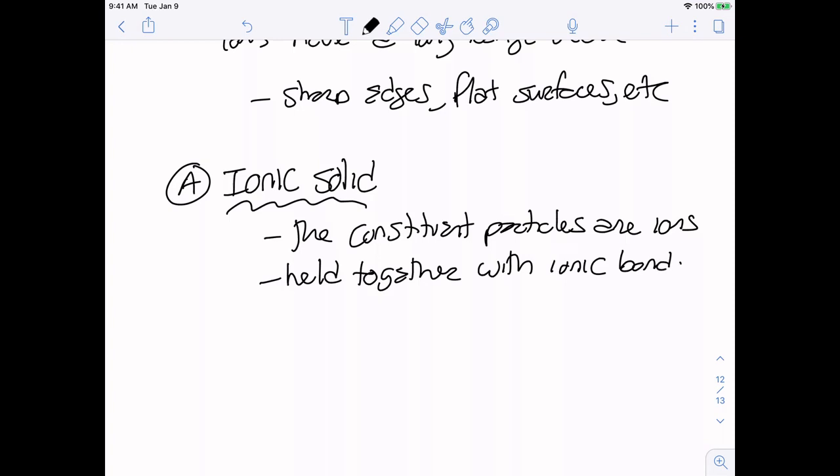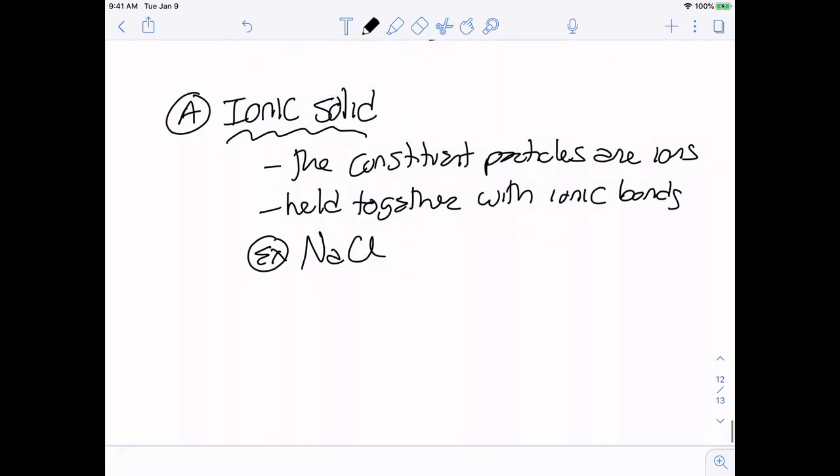Remember, ionic bonds are oppositely charged atoms being attracted to each other. There's a transfer of electrons. One's losing them, becoming positively charged, another gains them, becomes negatively charged, and then those oppositely charged ions are attracted to each other. An example, sodium chloride, any ionic compound that you want to use. If we were to draw one out, I could have sodium, and I'm just kind of making up the pattern.